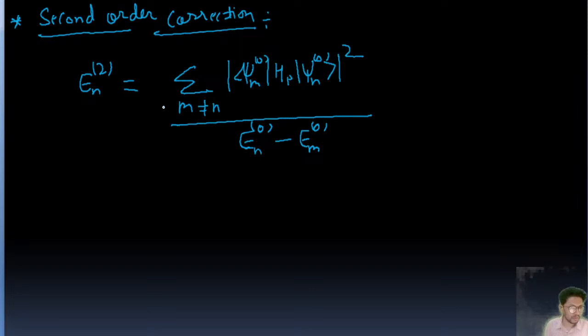Now we will study the one dimensional harmonic oscillator. We'll perturb that one dimensional harmonic oscillator and then we'll see the effect of that. Then we will find out the corrections in the energy and wave function.